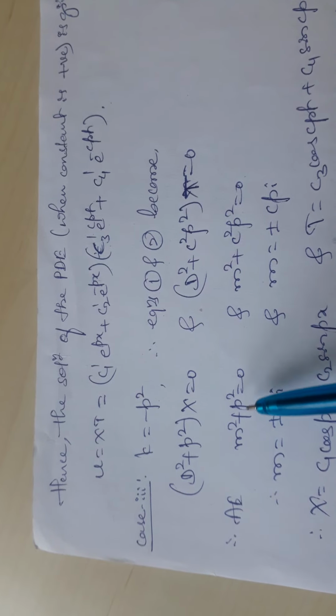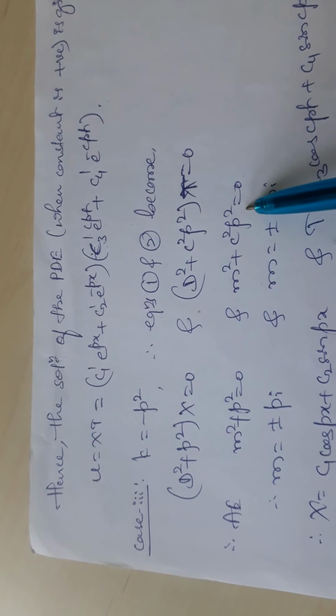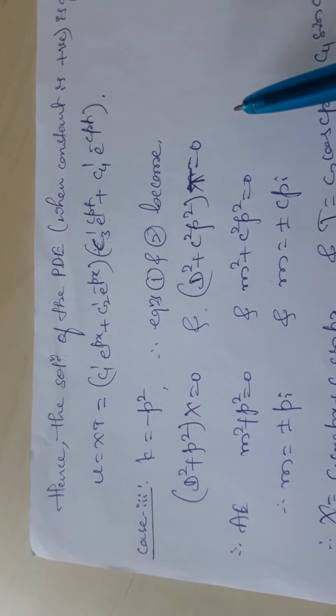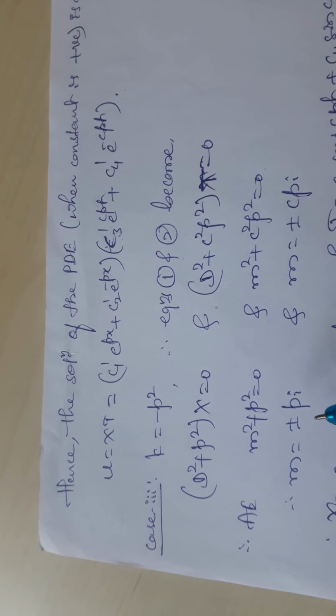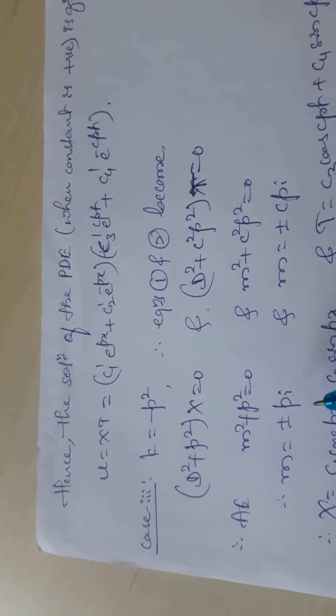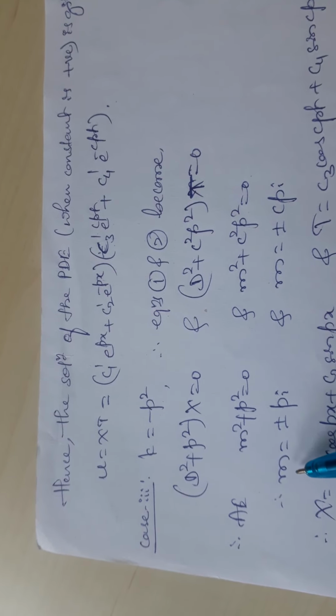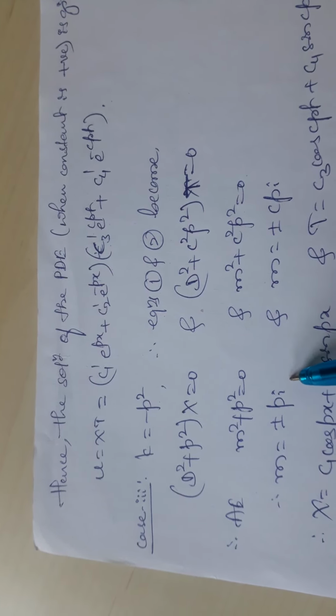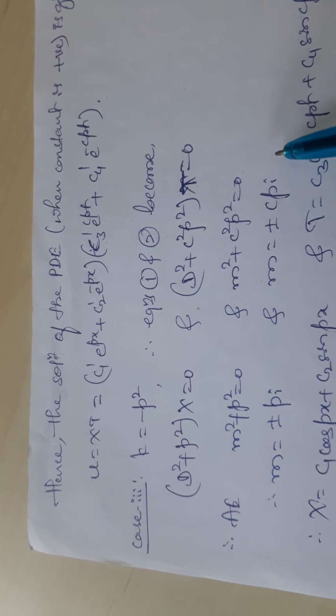Then m square equal to minus p square and m square equal to minus c square p square. Then you will get complex roots, purely imaginary numbers, therefore m equal to plus or minus pi and m equal to plus or minus cpi.